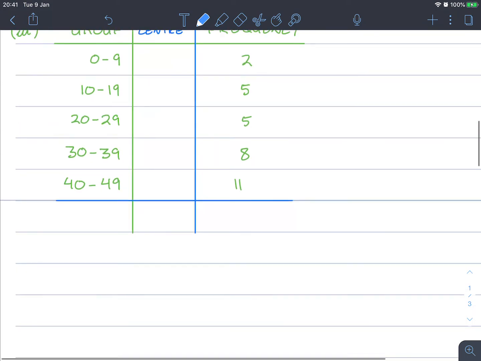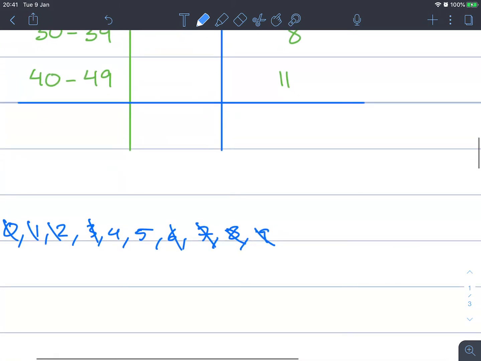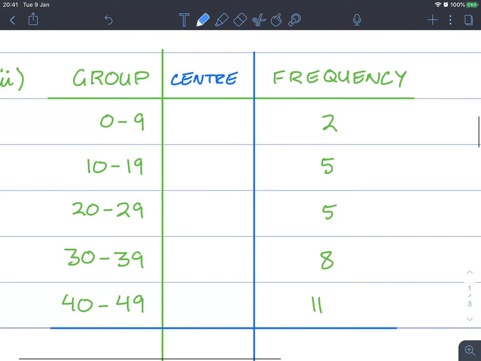So if we write this out, it's going to be 0, 1, 2, 3, 4, 5, 6, 7, 8, 9. And if we find the middle, we're left with in between 4 and 5. So the absolute middle is 4.5.